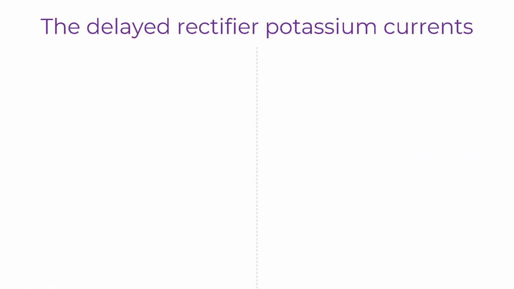Among the potassium currents involved in repolarization, 2 are especially important for understanding class 3 antiarrhythmic drugs: the rapid and slow delayed rectifier potassium currents, known as IKr and IKs.